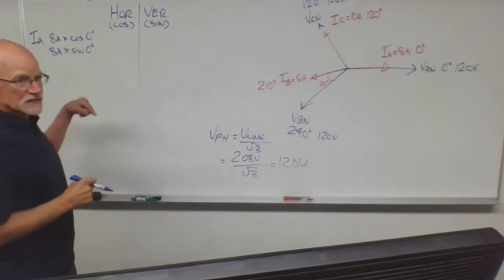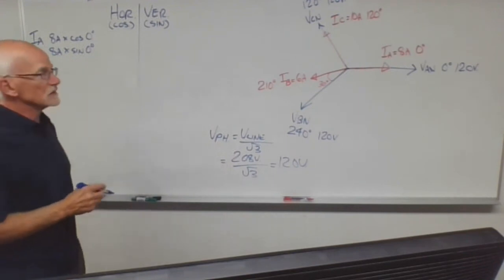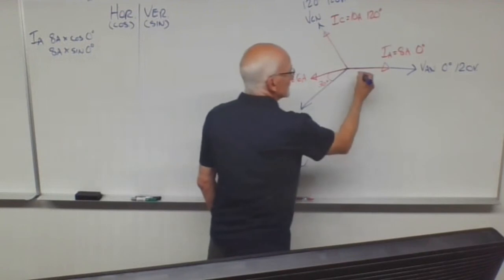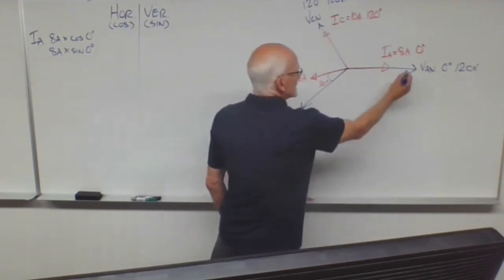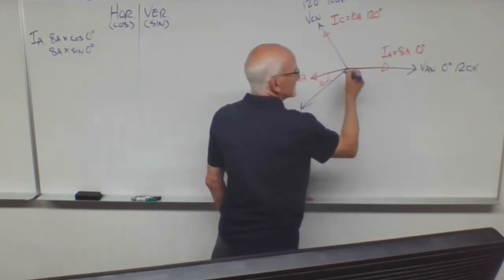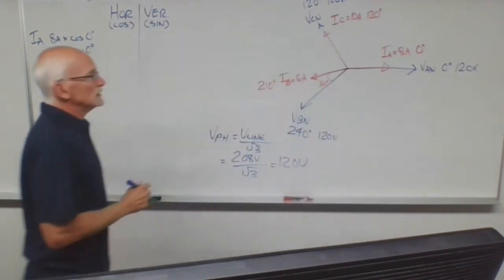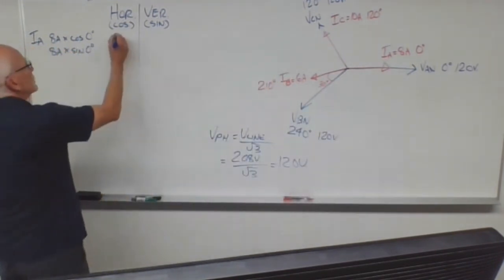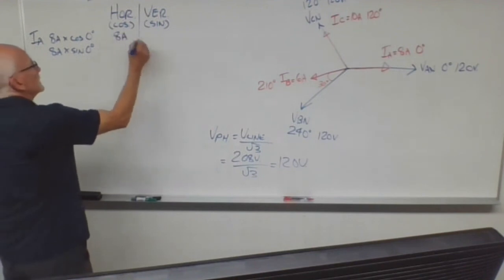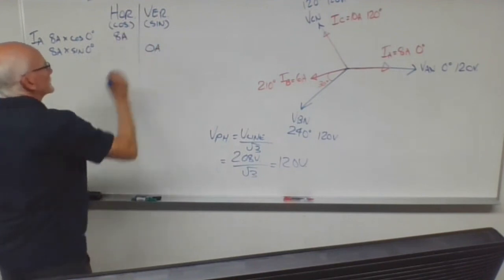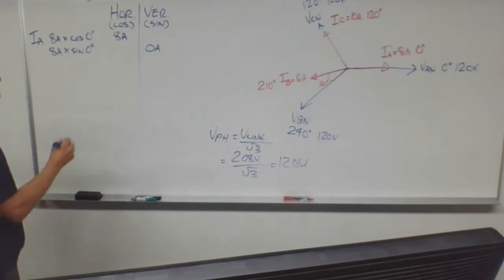If you look at the phasor diagram, you can see that phase current A is completely horizontal. It's right on the 0 degree horizontal. So it's all going to be horizontal, 8 amps. None of it is going to be vertical. That's what your calculator should show you.